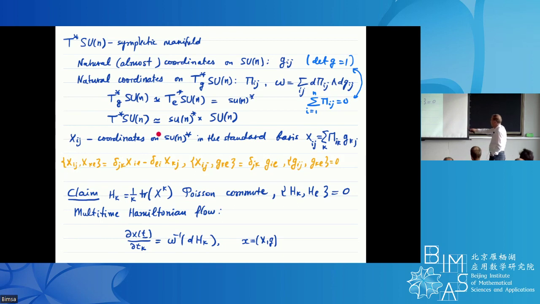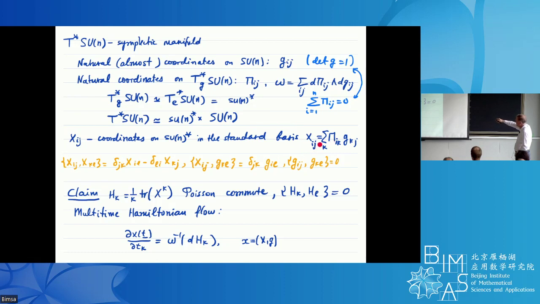The problem with these coordinates p is that they are coordinates on the cotangent space at the point g. But now this SU(N) dual is the cotangent space at the identity. So we should translate coordinates p to the identity.